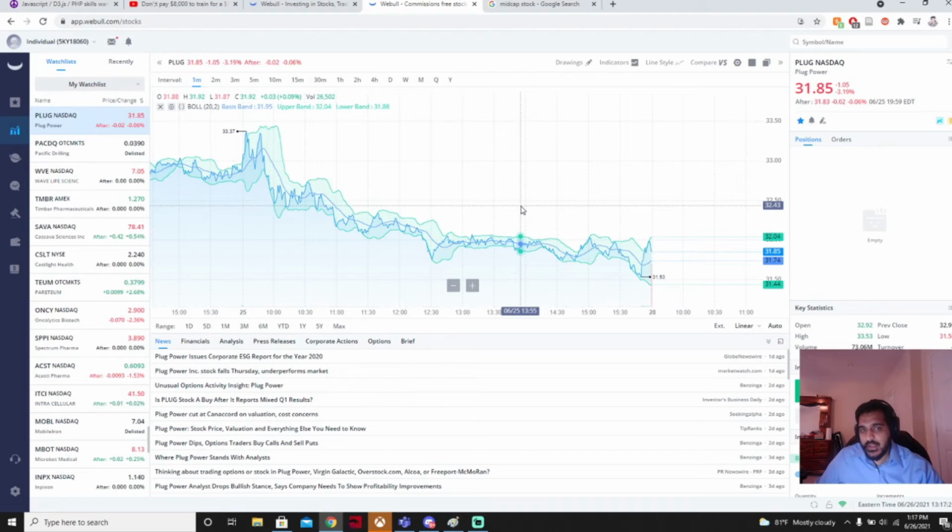There's no shorting going on in the pre and post market, so values can go wildly out of whack. And the only question is, does the next trading day support that value? If it cannot support that value and it comes way back down, then it really hasn't helped that much.